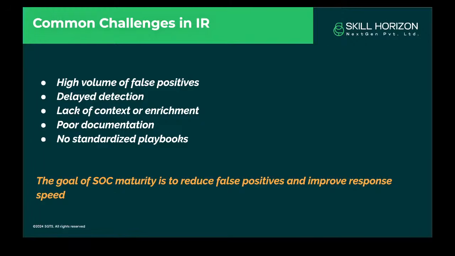So basically, the skill you need to develop as an associate analyst is not to panic if something happens. It is to stay calm, analyze systematically, and follow the procedure. So you have to complete your documentation, and you have to analyze if any false positive was there. Okay, so that will be the SOC incident workflow.